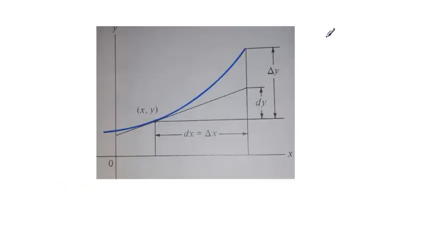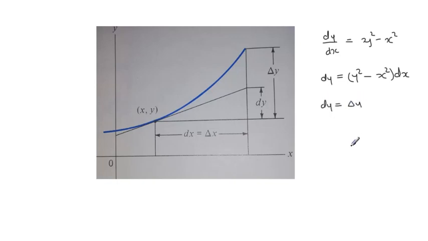If we've got dy/dx equals y squared minus x squared, and multiply both sides by dx, we get dy equals (y squared minus x squared) dx.